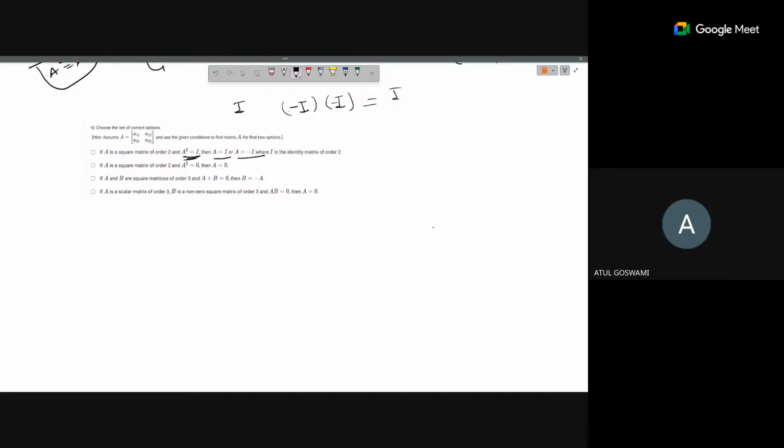If A is a square matrix of order 2 and A square equals to I, then A is this or this. It is actually restricting to this. I mean, it is saying only this is the case. I thought it is the case. So this is true, but this is true for other matrices also. Okay. When it is true, we can take an explicit example.